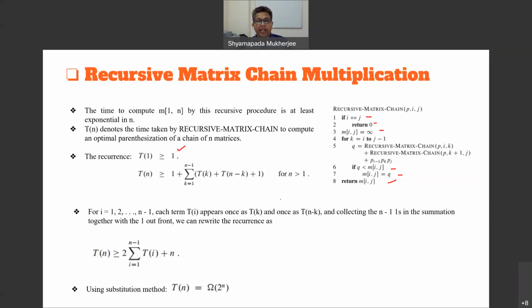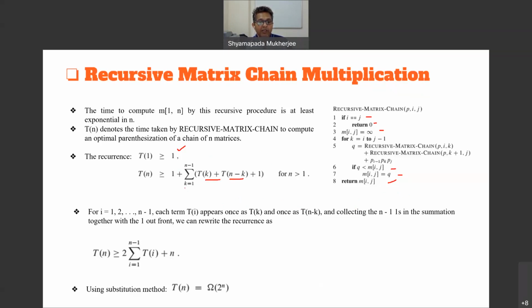But if there are n matrices, then we split the chain into two parts based on a certain index k, and we get two subproblems of length k and length n minus k.